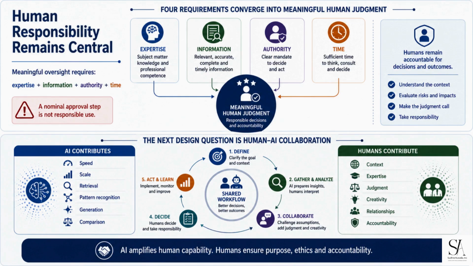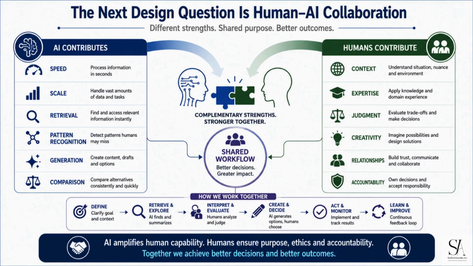Humans contribute context, domain expertise, professional judgment, creativity, relationships, ethical reasoning, exception handling, approval, and accountability. The most useful operating model may therefore not be one in which the human performs everything, nor one in which the AI performs everything. The opportunity lies in allocating work according to the comparative strengths of each.